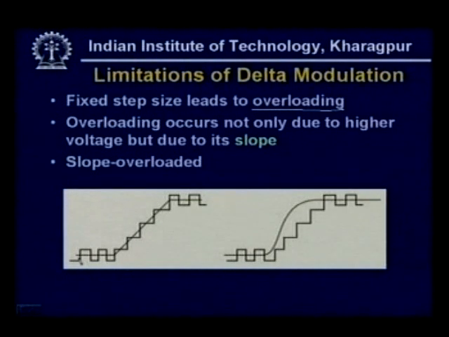As you can see here, if the analog signal is changing very slowly, the data that you have to send will become 0 1 0 1 alternately. This leads to overloading.